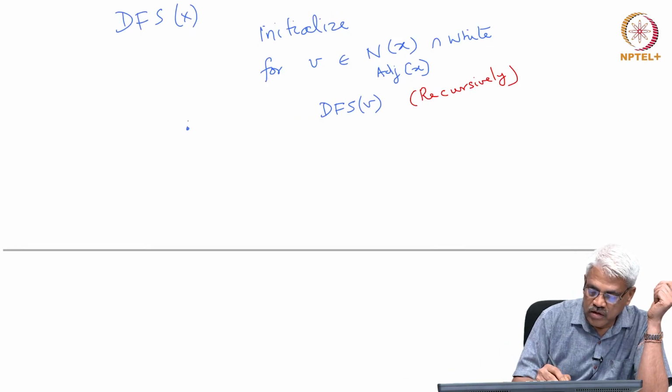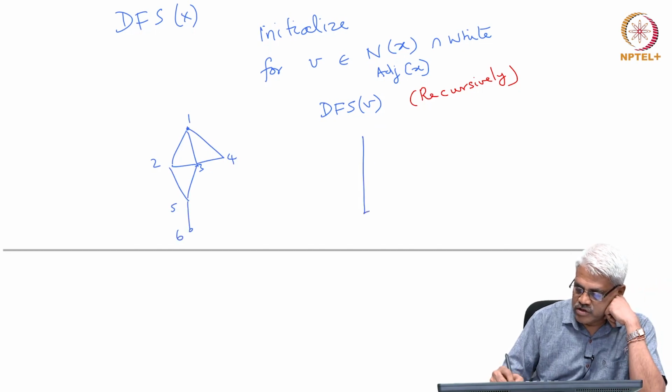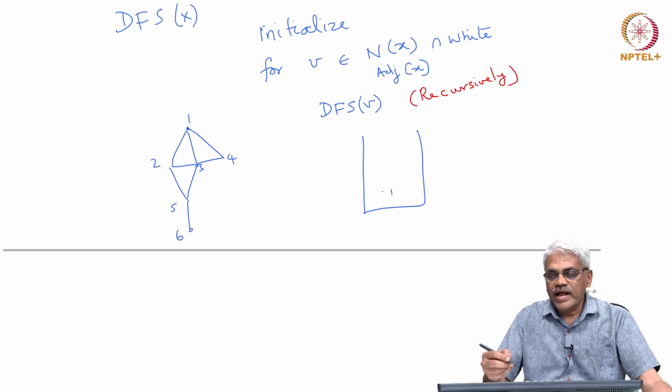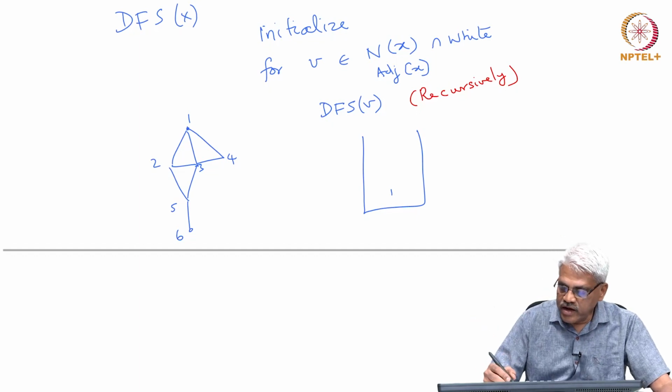So 1, 2, 3, 4, 5 and 6. What I do is I add 1 to the stack, and I do not add all its neighbors into the stack like I did for the queue. I add its first neighbor.